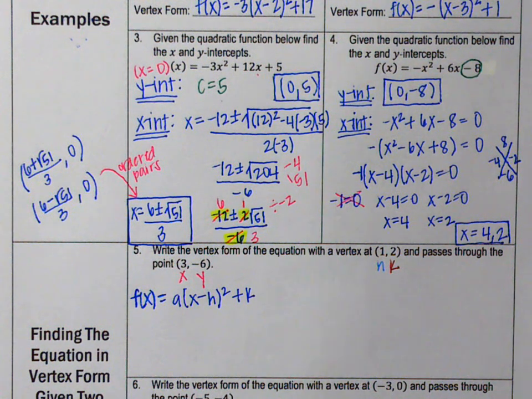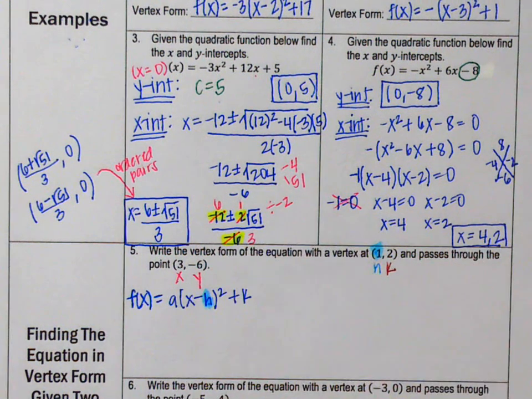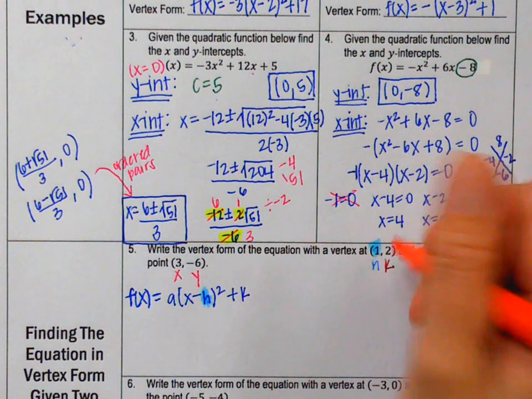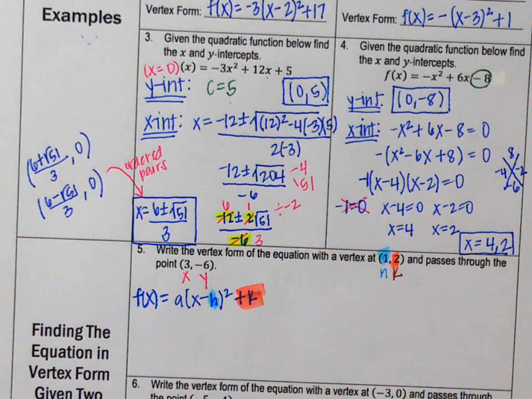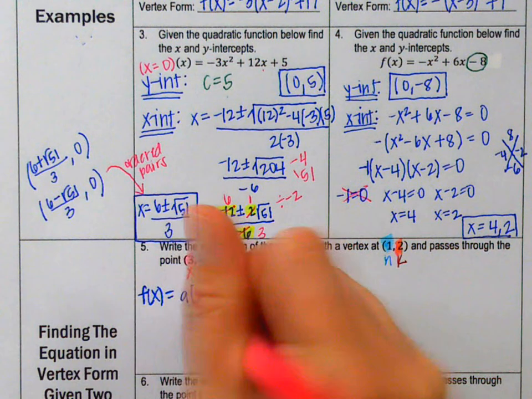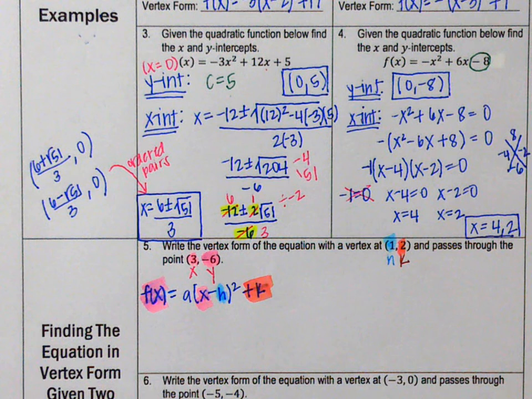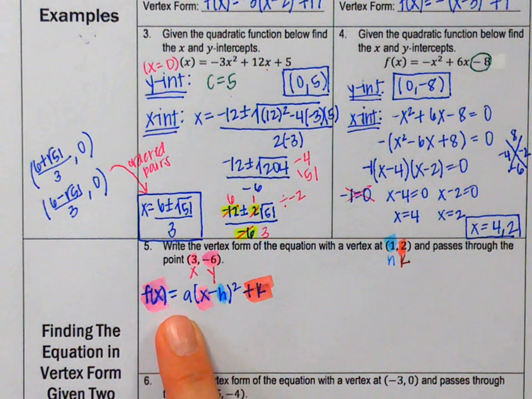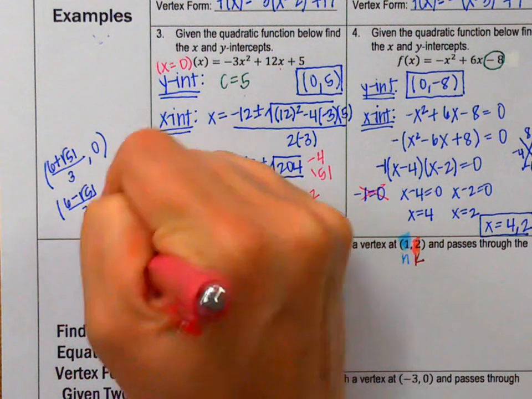We have an h, we have our k too. So that's going to go here. And then I'll just use the same color, but for x, that would go here, and y is the same as f of x. So we have everything except a. So what we're going to do is work backwards to first solve for a.